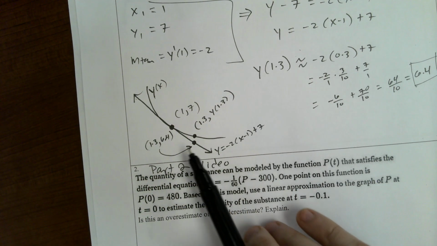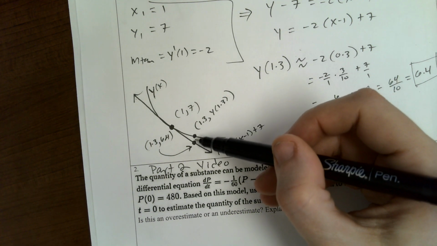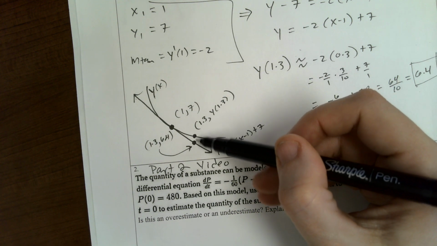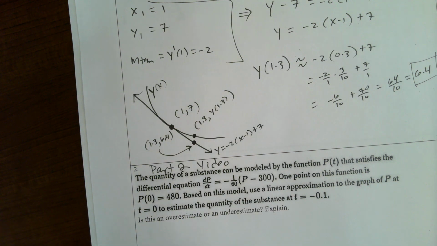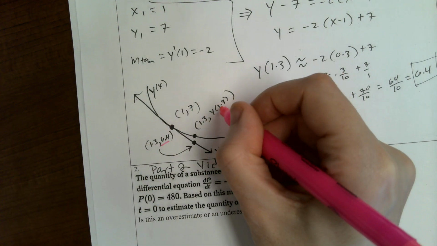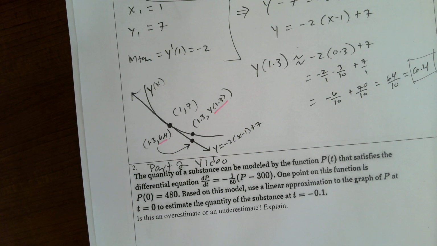And because we are so close, this is microscopic. You can't even really see this difference. So 6.4 is approximately that value right there, and as you can see, the concavity is giving us an underestimate.